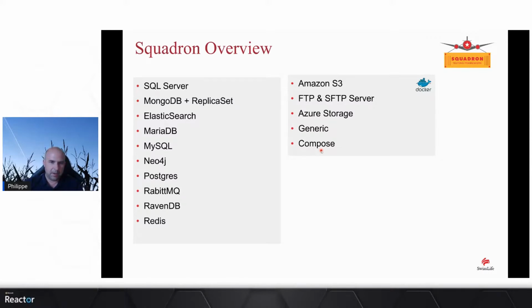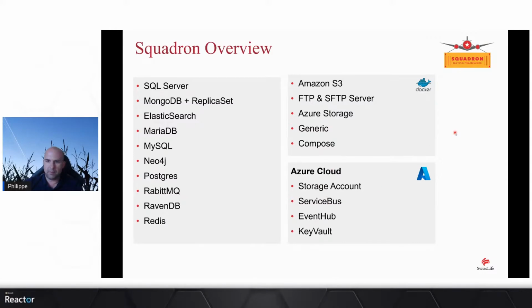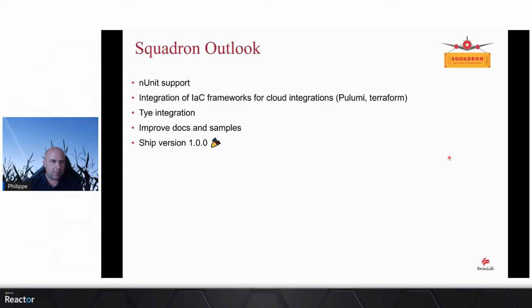So this is useful for some more heavy integration testing. I saw some examples where they spin up a Selenium grid cluster to run the tests this way. And as I said, there's Azure for Storage, Service Bus, Event Hub, and also Key Vault in place.